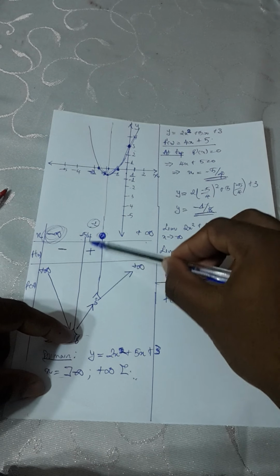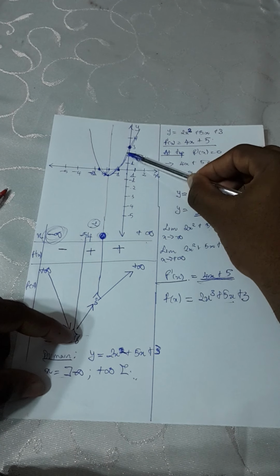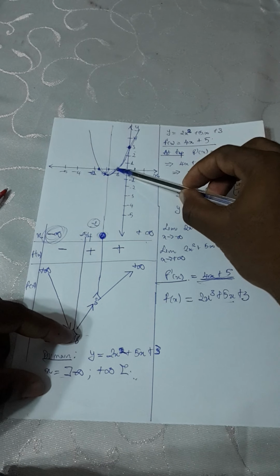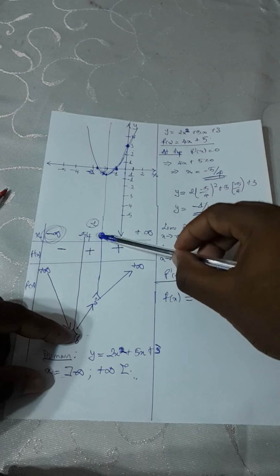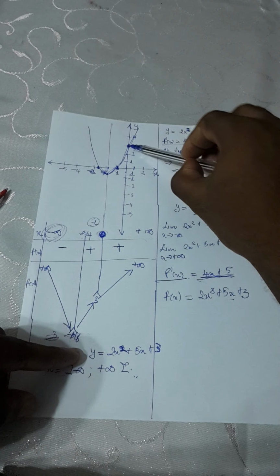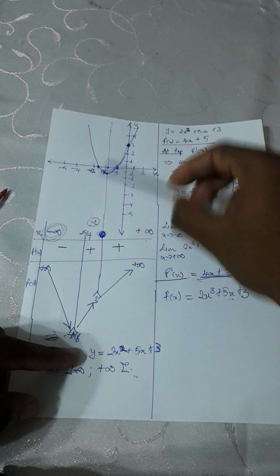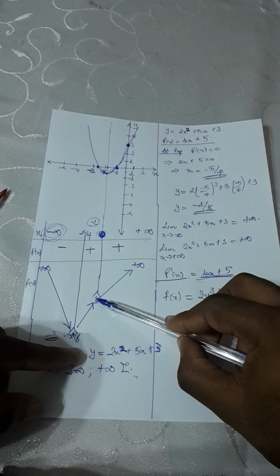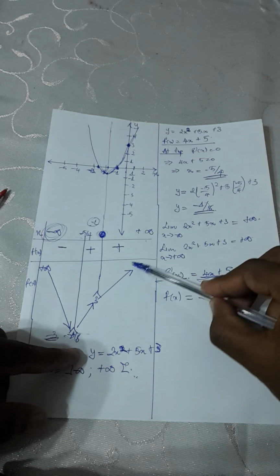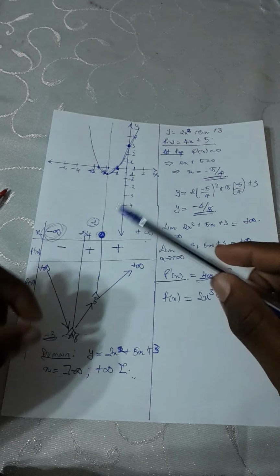Between here and here, you have a positive gradient, so it's increasing. And it cuts the line x equals 0 at the point where y equals 3. And you have your graph which is formed.